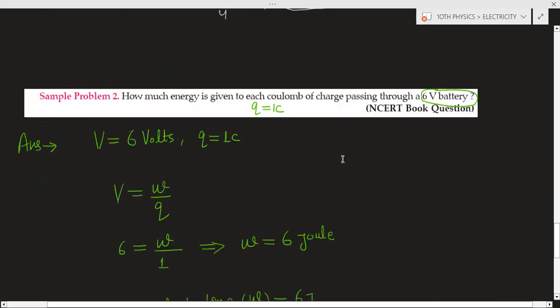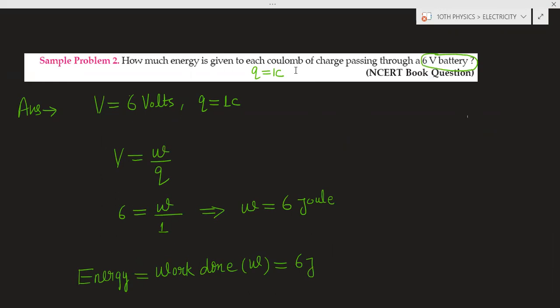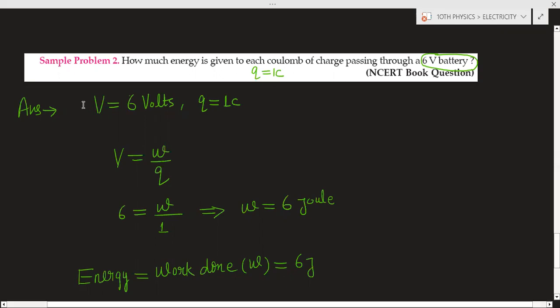Here also, as I told you, the battery will supply the electrical energy to the charge so that the charge will move around the circuit. The circuit we will discuss later. When we discuss circuit and potential difference, then you will get these points more clearly.